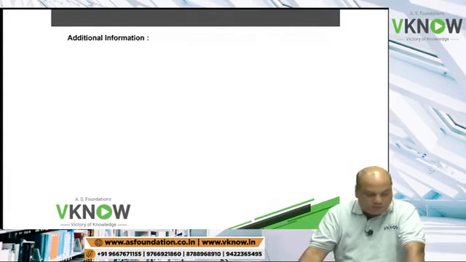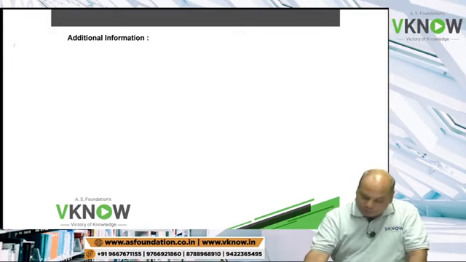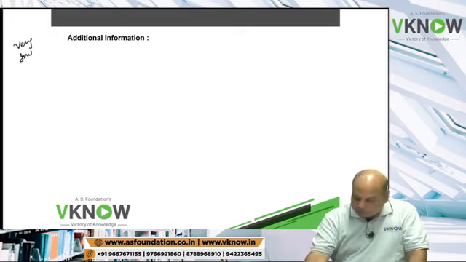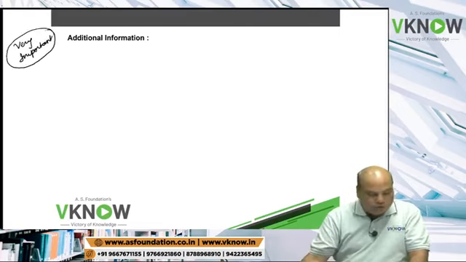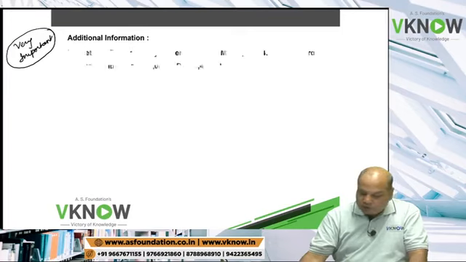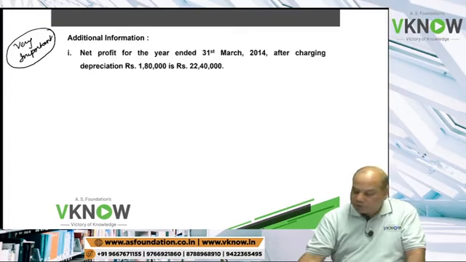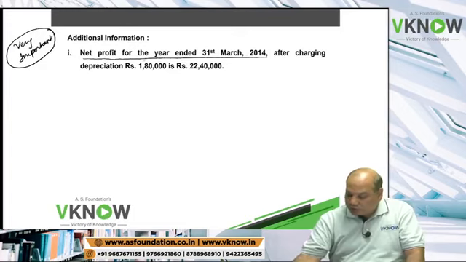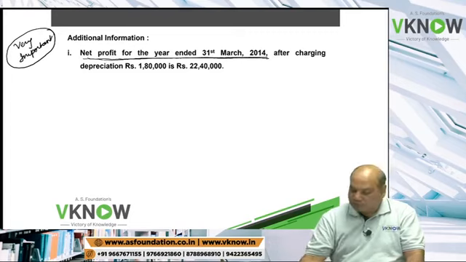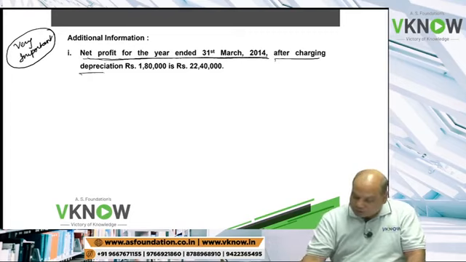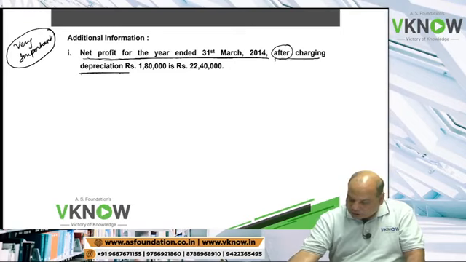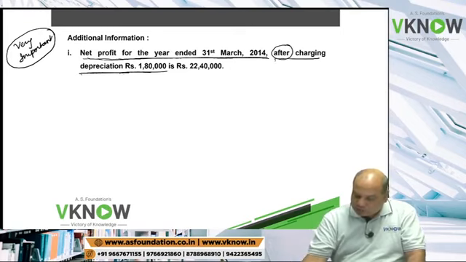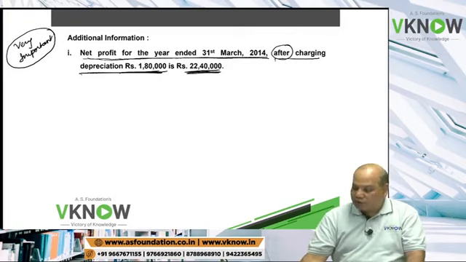Now see the additional information. This is an exam question, so write it down, very important. In one of the past exams, this question was asked. Additional information: net profit for the year ended 31st March 2014, after charging depreciation of 1,80,000, is 22,40,000.